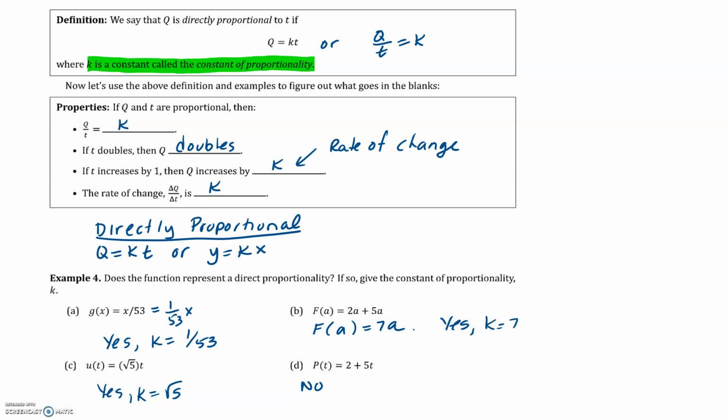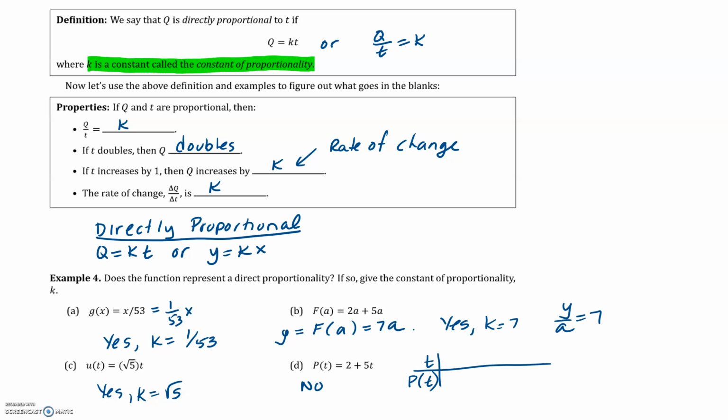So all of these, if I let this be equal to y, for instance, I would get y over a equals 7. This one, the other is the same idea. This one, the answer is no, because you can never get that proportionality because you have that plus 2.